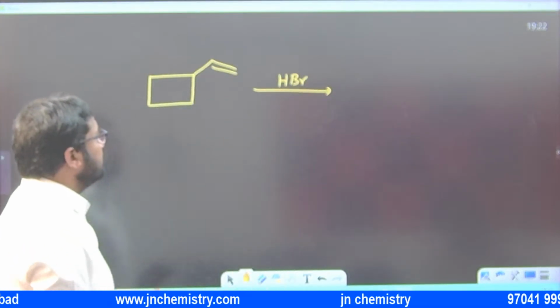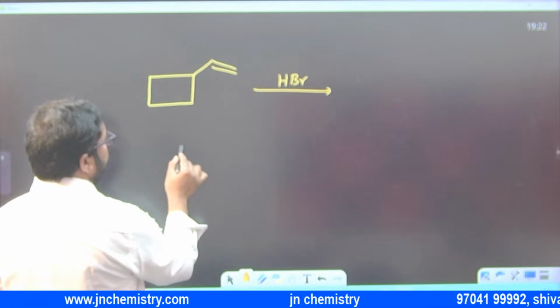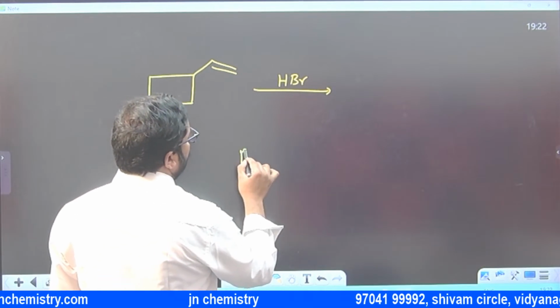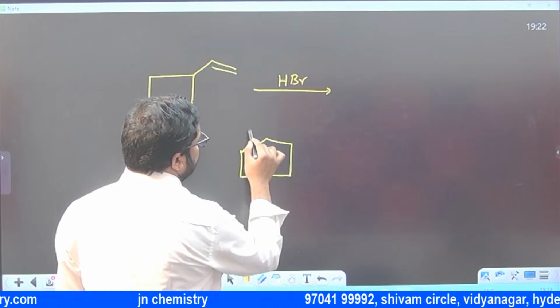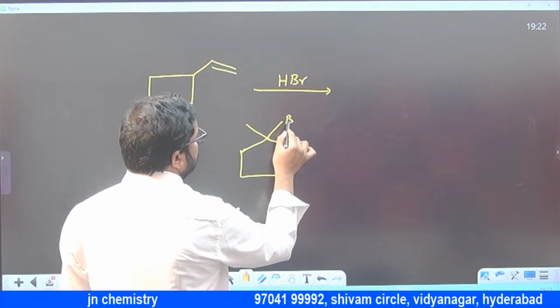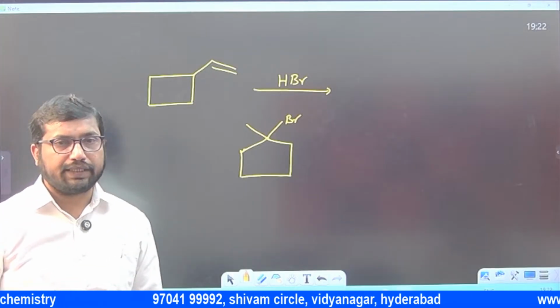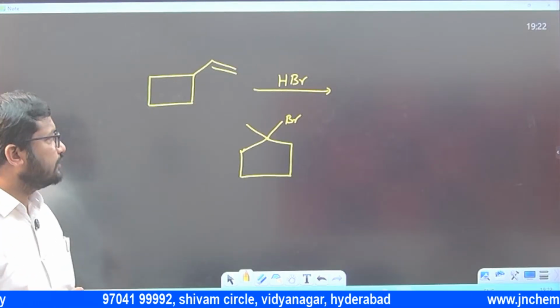I'm giving the options, of course, directly writing the answer. A 4-membered ring becomes a 5-membered ring. If you want, you can write the mechanism, same as before. Do it as homework.